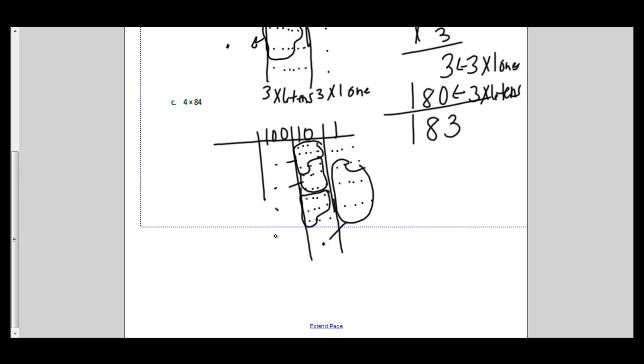Okay. So this is what it looks like. It's kind of hard to tell. So I'm thinking I'm seeing 336. So let's see if that's what we end up with.